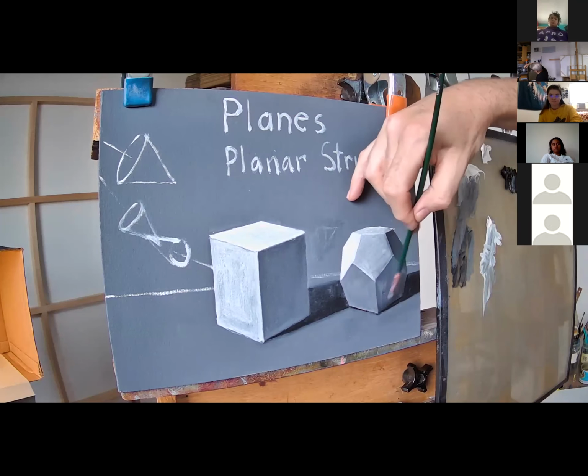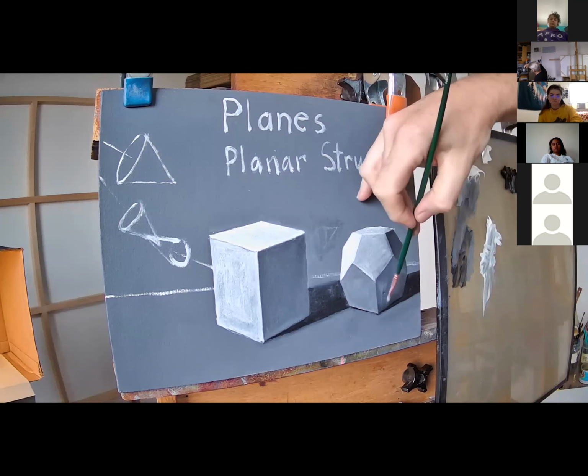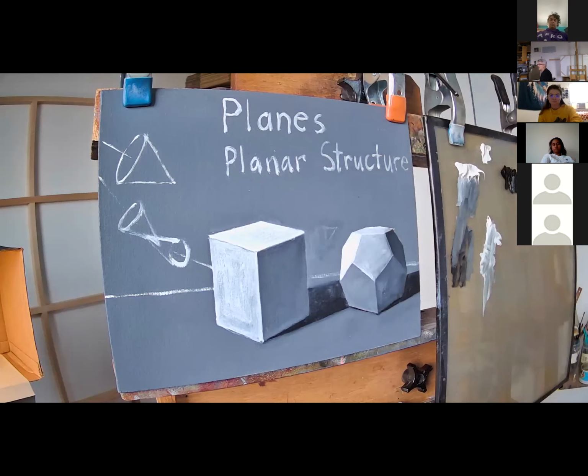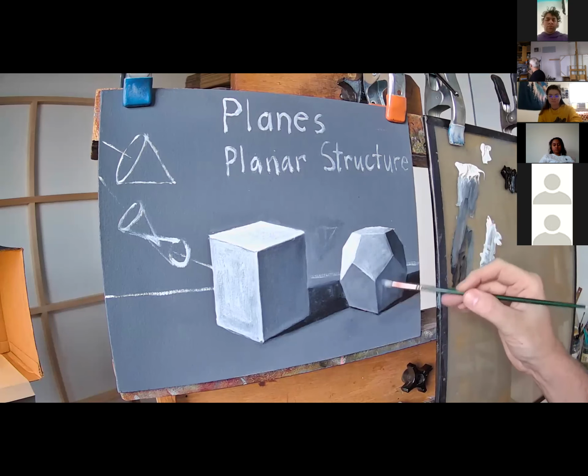So that's going to help us clarify each plane in relationship to each other and the way those planes are moving through space. So that plane is not quite as light as this plane, but it's lighter than that.